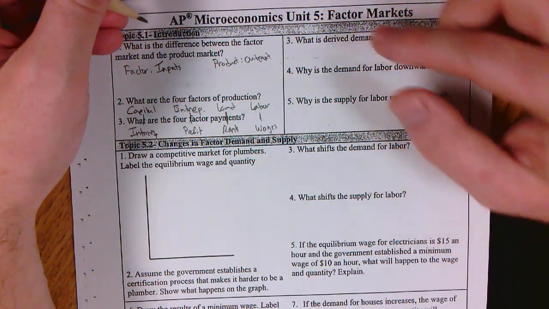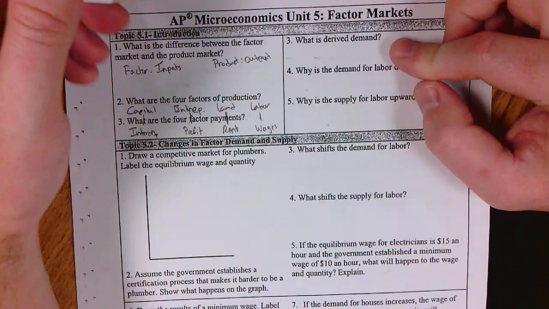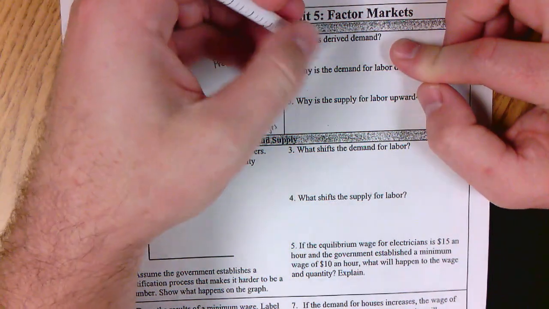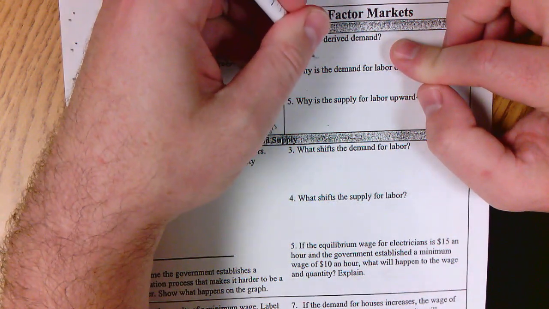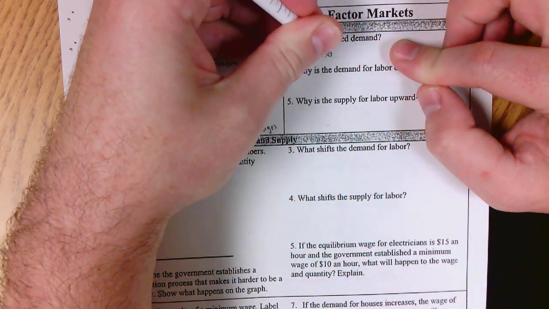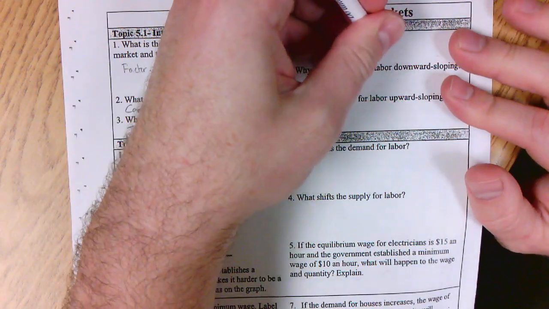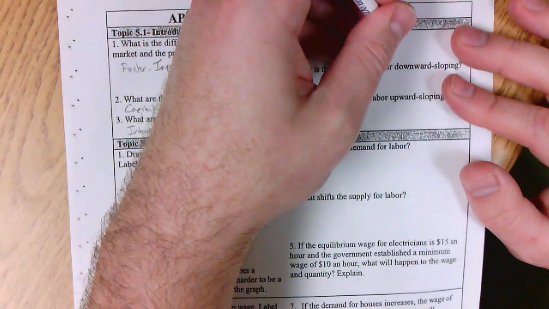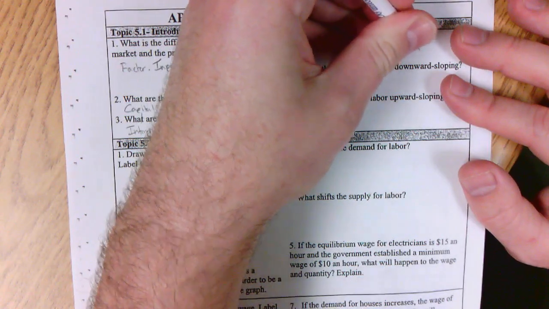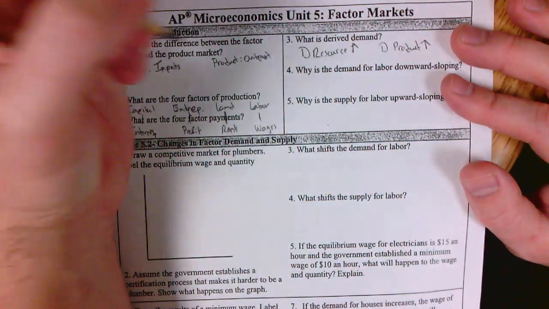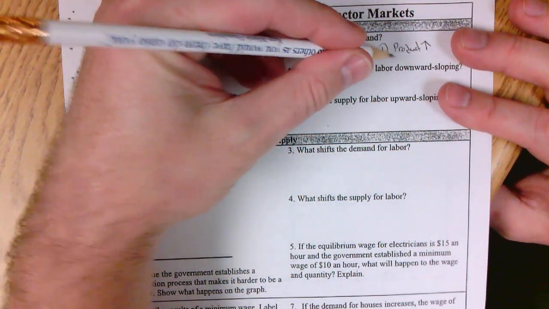Now, derived demand is when our demand for a resource goes up. So I'm going to put the demand for the resource goes up when the demand for a product goes up. So what I mean by that is, let's say that the demand for cars goes up. So the demand for that product is going up.